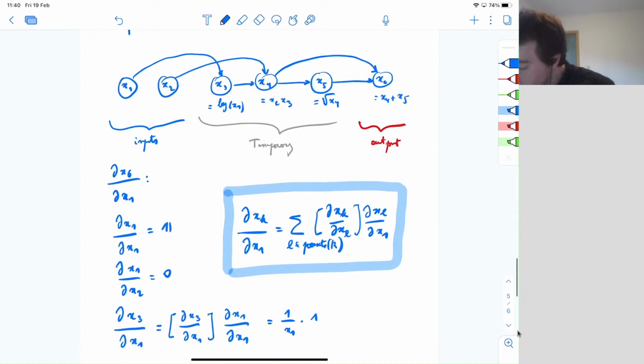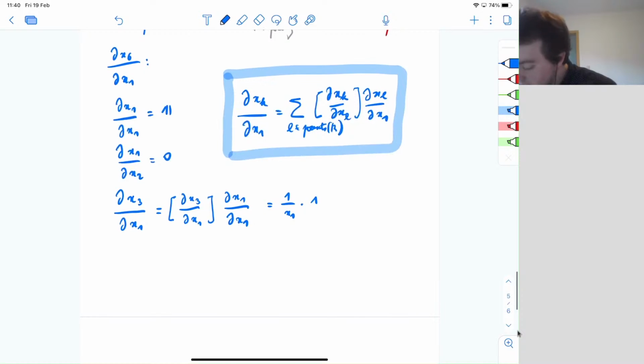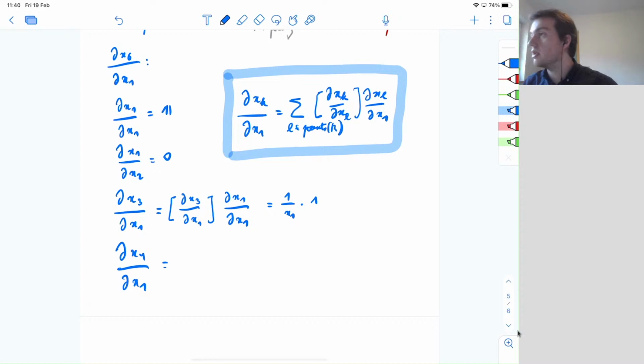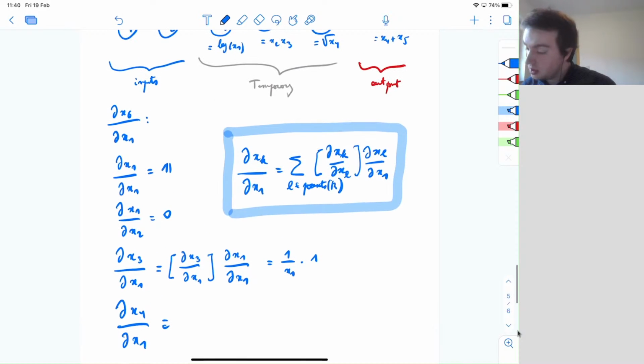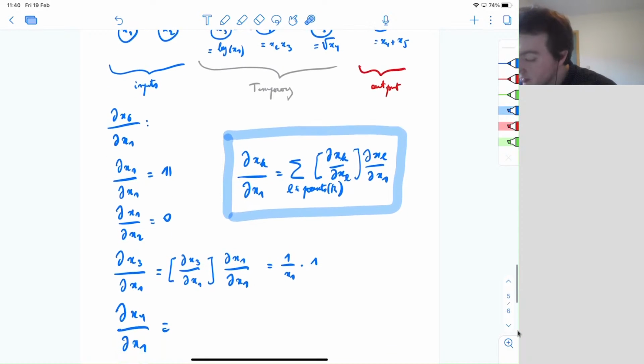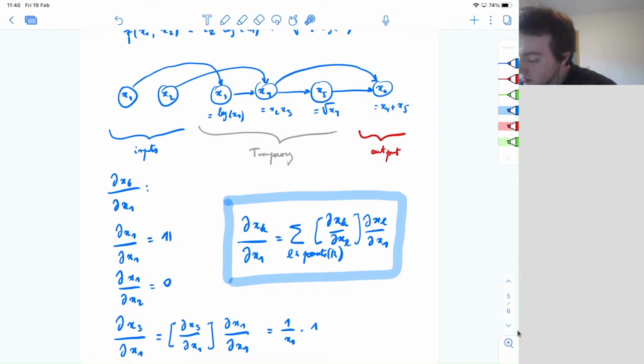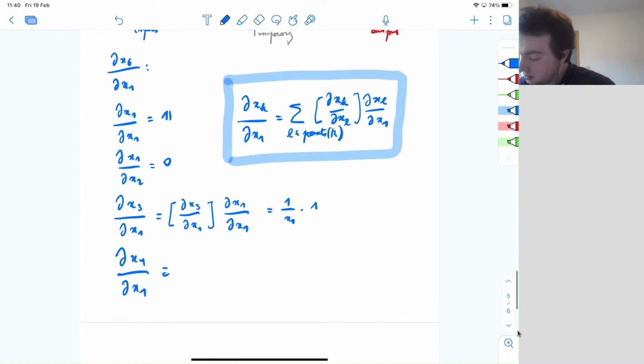Then we can do the same for x4 with respect to x1, except that now x4, right, has two parents, x2 and x3. So what we will have is that the sum is made of two terms. So let's consider the first term.